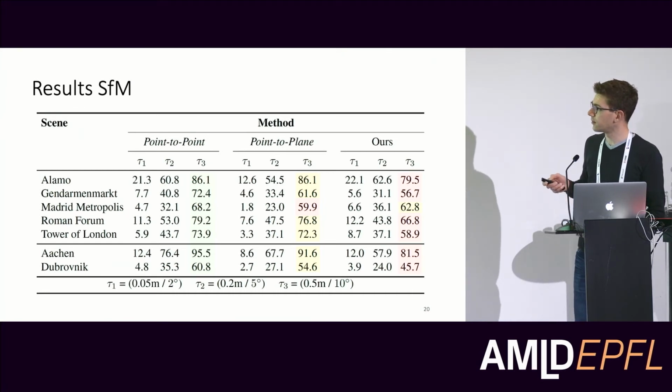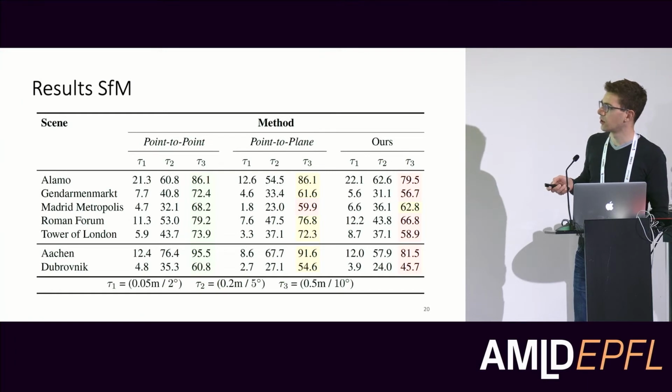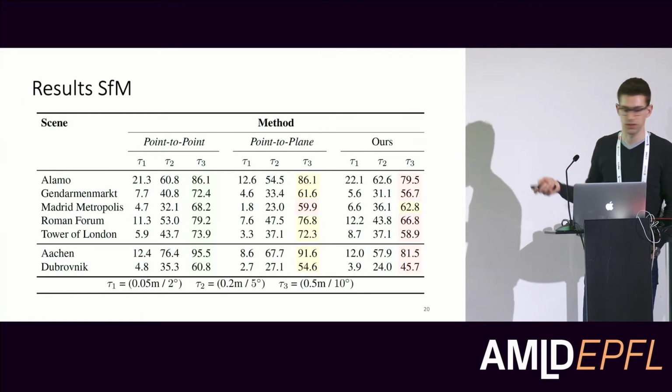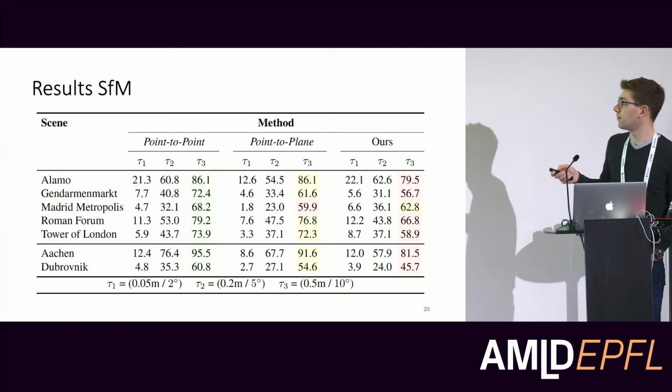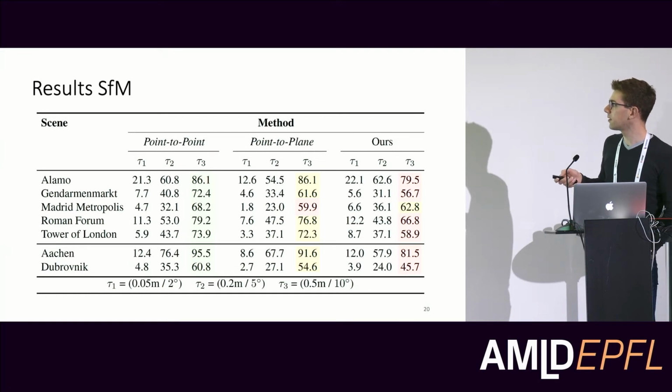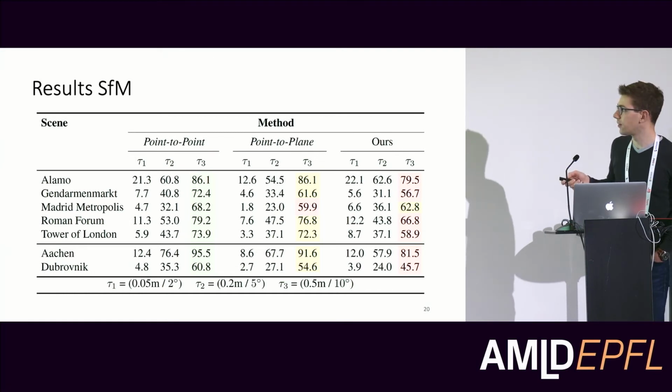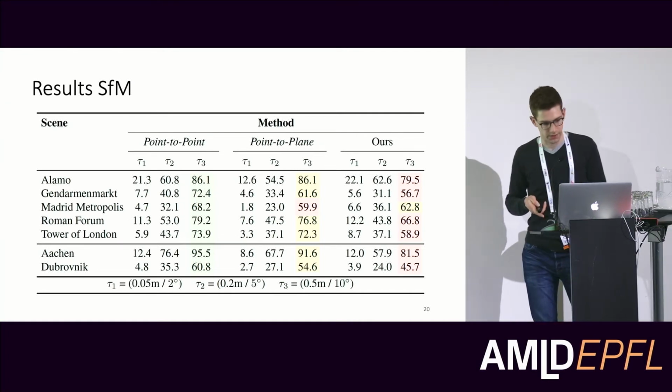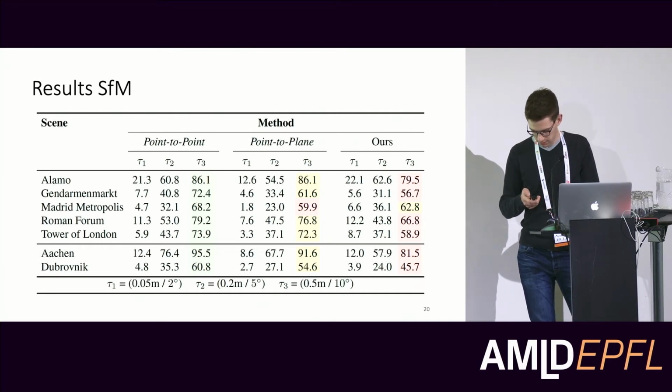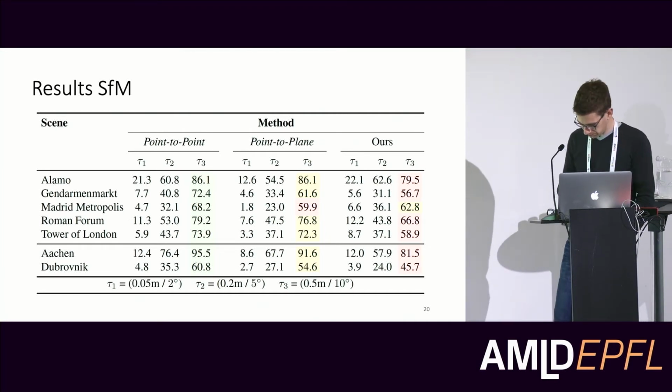And obviously, the point-to-point alignment is the most robust one, just because we get the most constraints out of it. But compared to the point-to-plane, basically the splitting of the queries doesn't have a huge impact anymore, so we are kind of close to this. And in return, we get these additional privacy benefits.